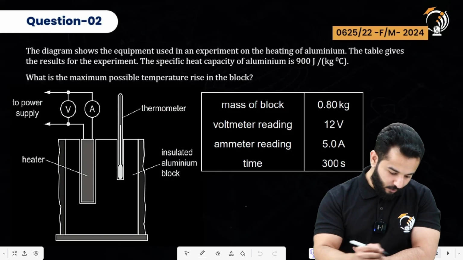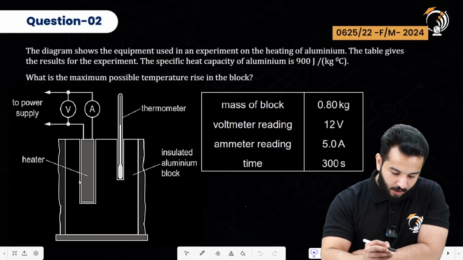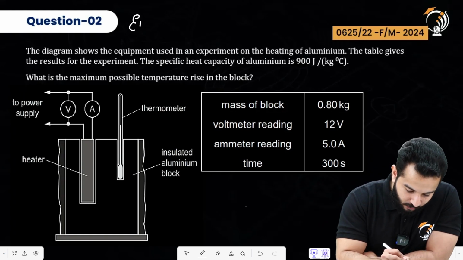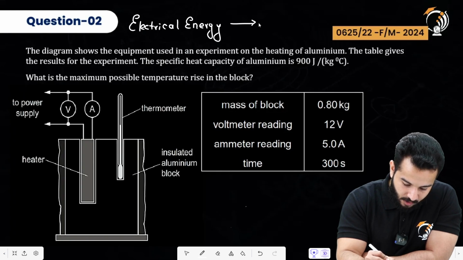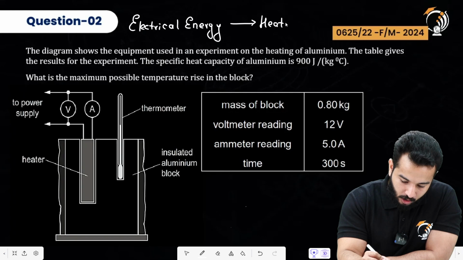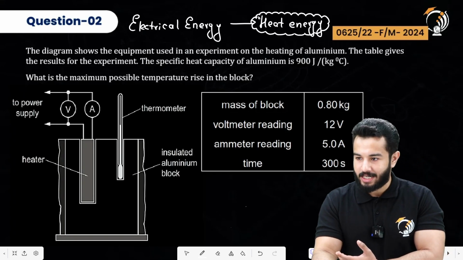Over here, we have got a power supply and we have got a heater. First of all, because of this electrical energy, heat energy will be generated. So we need to first talk about the heat energy. And heat energy will be found out using the formula for electrical energy, right?